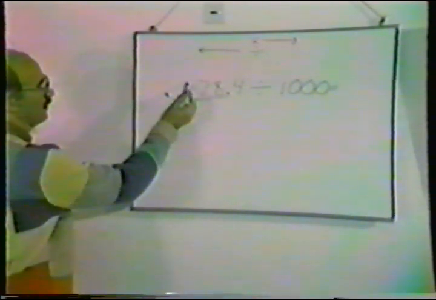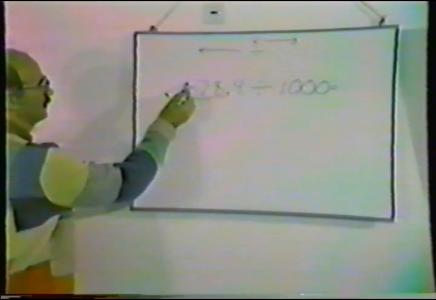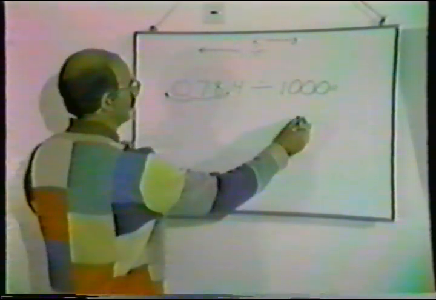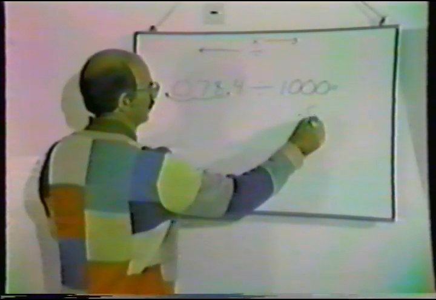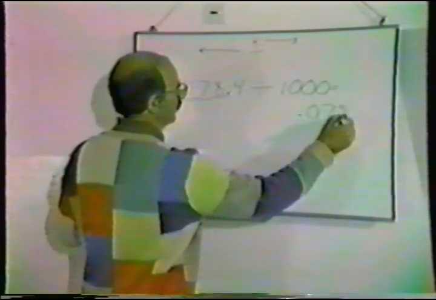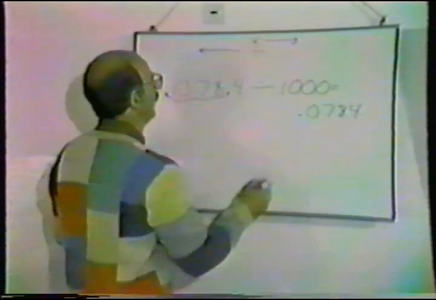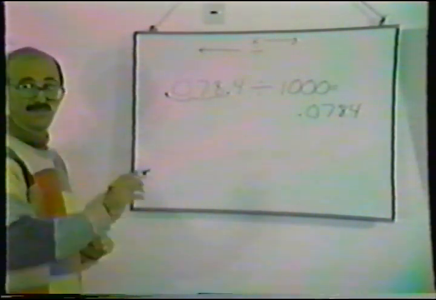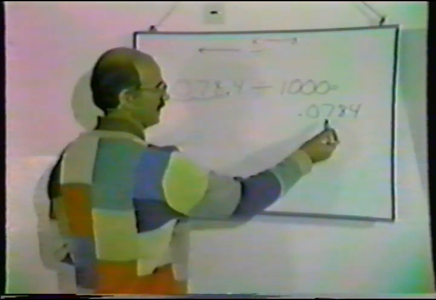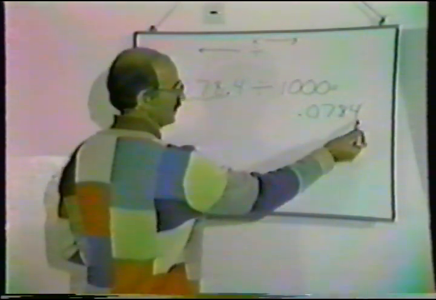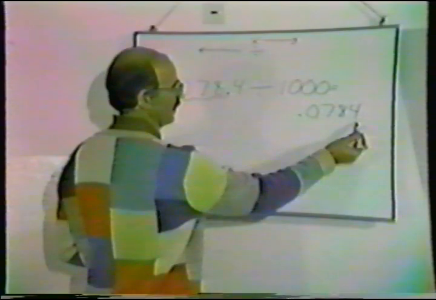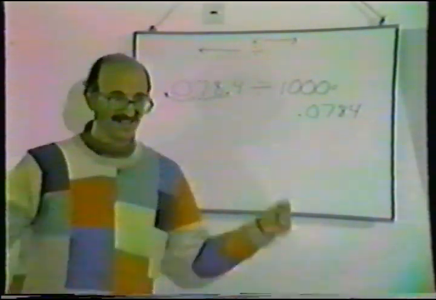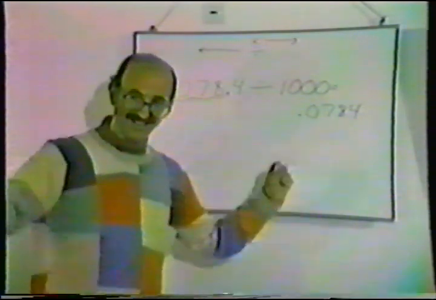And what do I put in the empty place? 0. Please read to me the answer. First you read the number, then you read the place where the number ended. 784 10,000ths. That's right. You do know your numbers.